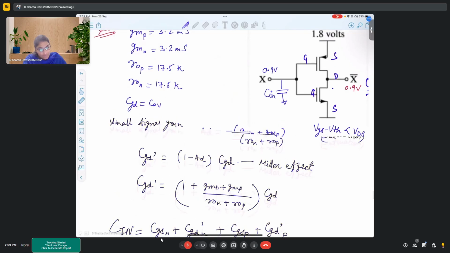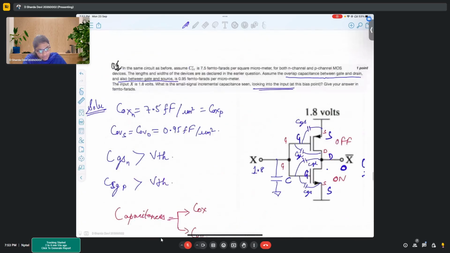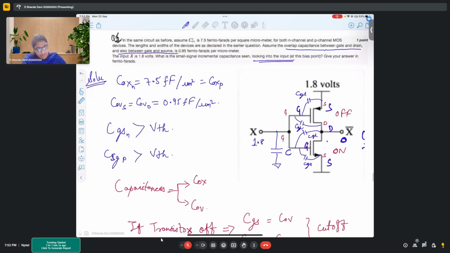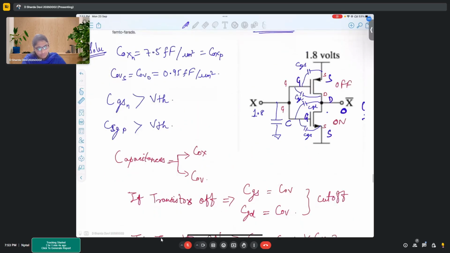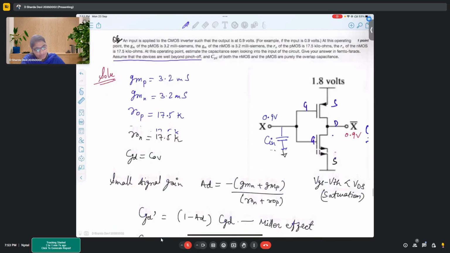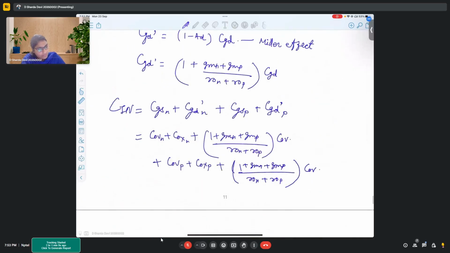if you observe the values of C overdrive and Cox, here 7.5 and 0.95. So the difference is very high.